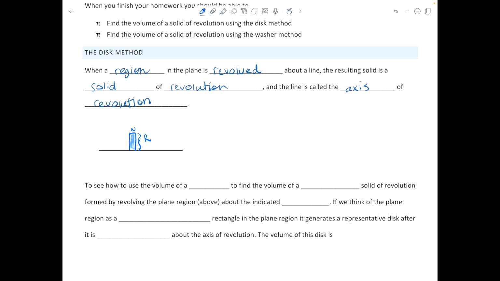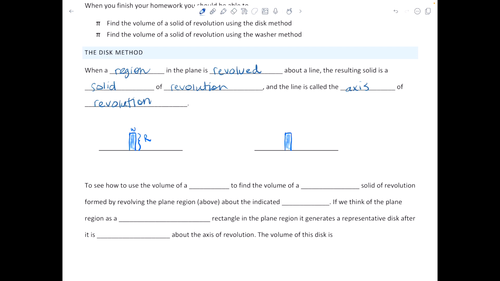Okay, so I'm going to copy this, paste it. All right, and then just erase those for the moment.